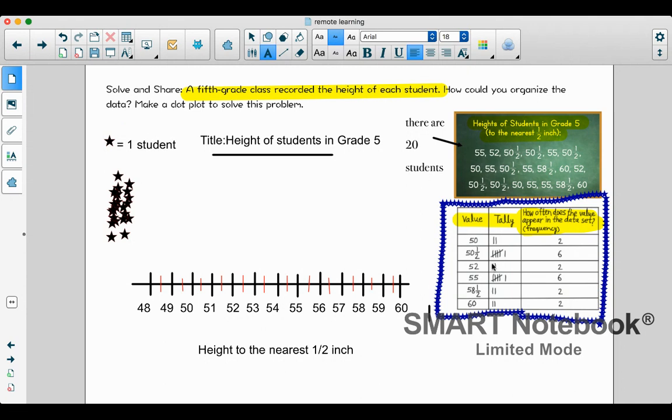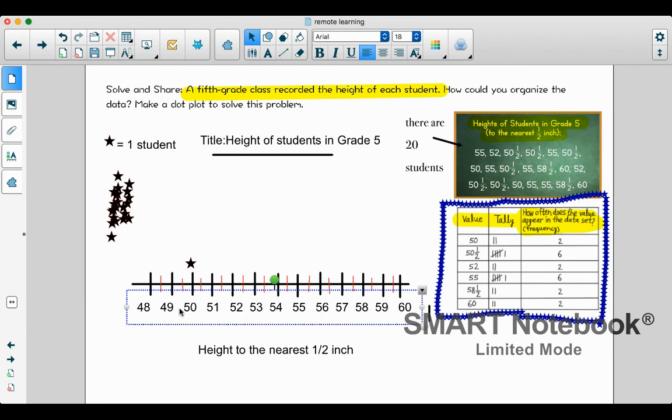So we organize this in our tally chart. Now we're going to start with the value of 50. How many students were 50 inches? 2. So I'm going to take 50 students. Sorry, guys.